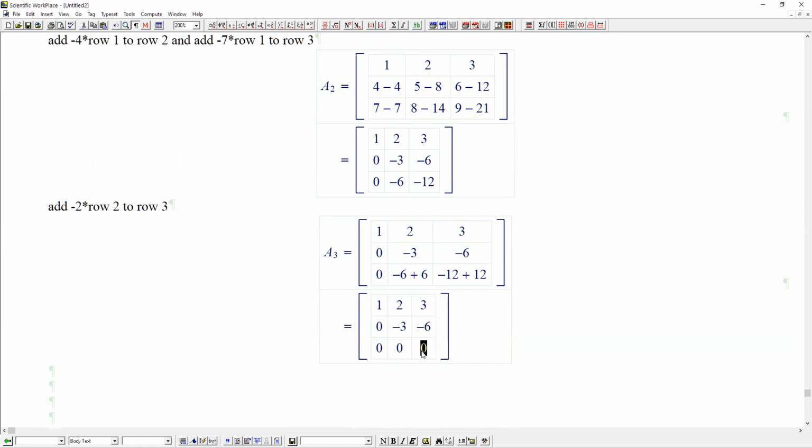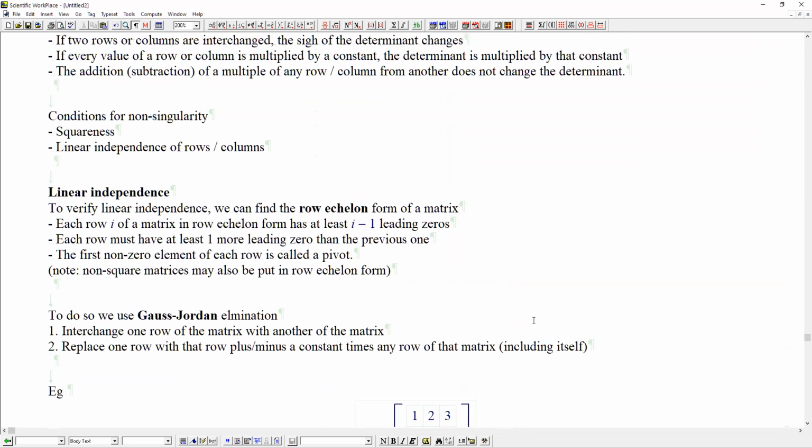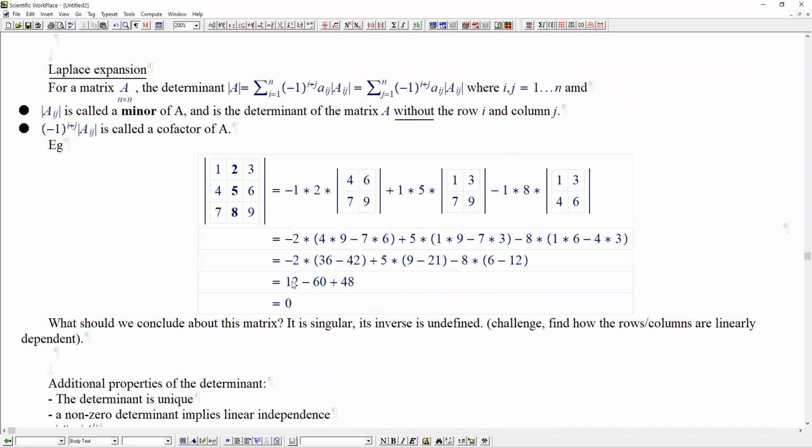I would have preferred to have not a 0 there, because that would have meant that my system is non-singular, is good. But is it surprising that I get a 0 there? Well, no, because I already found out that when I computed the determinant of this matrix, I got 0.